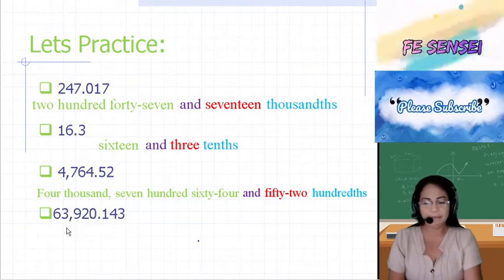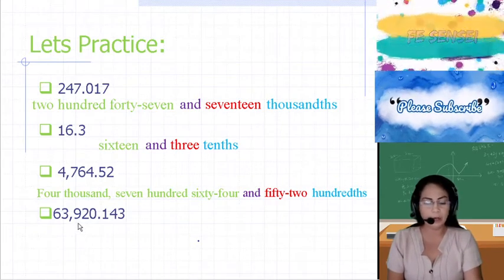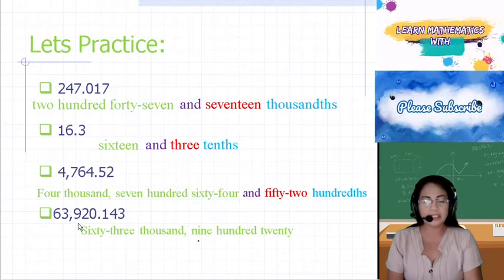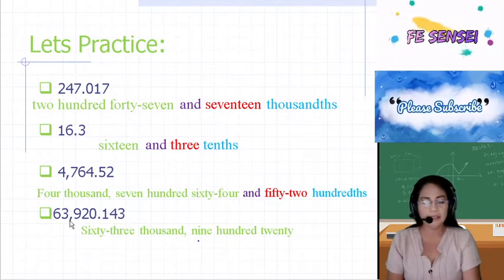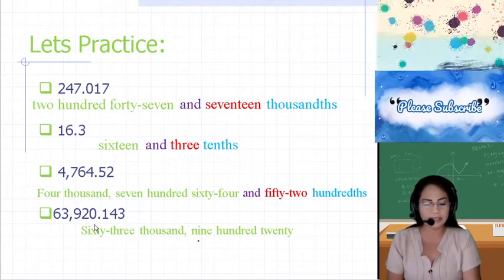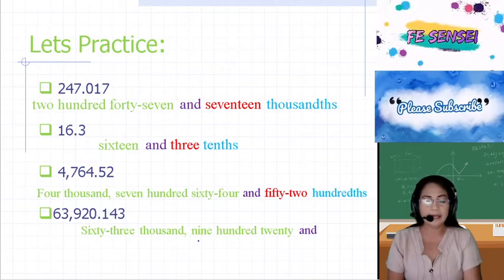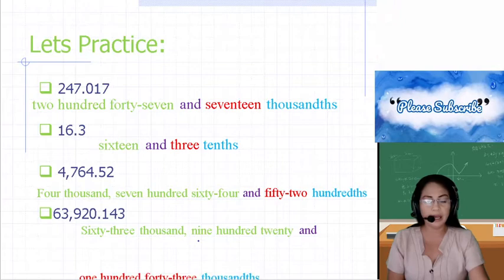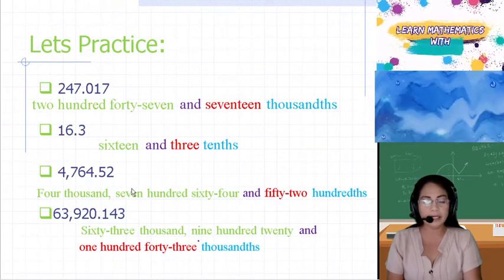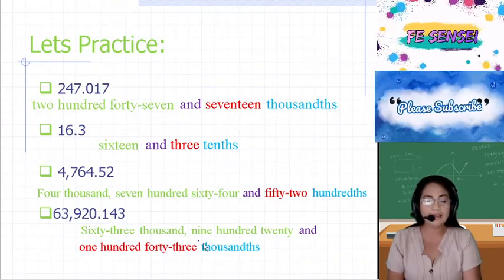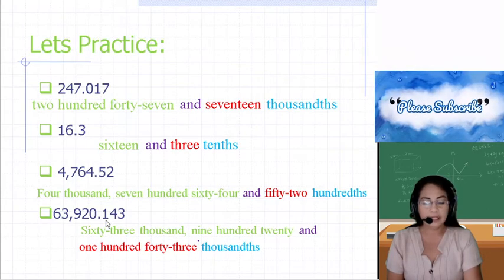Another example. The whole number is 63,920 and the decimal point, and the decimal number is 143 thousandths. Let's check.